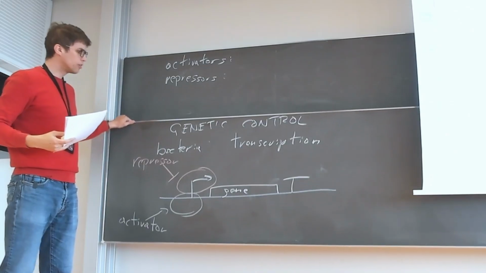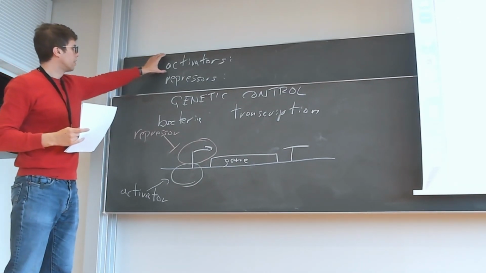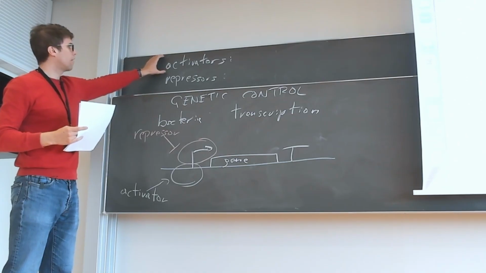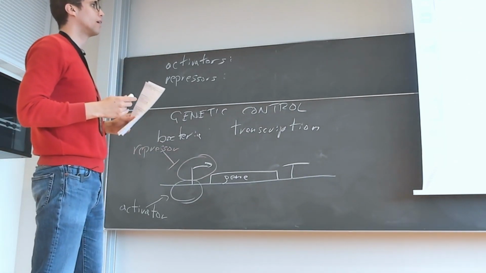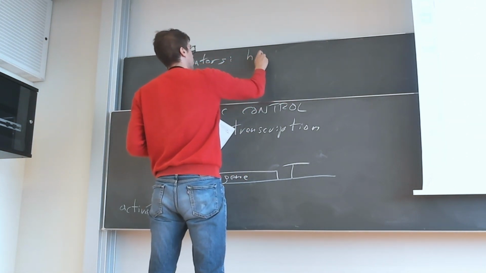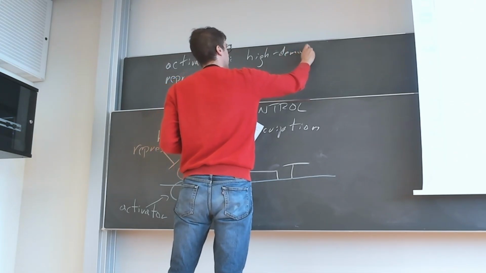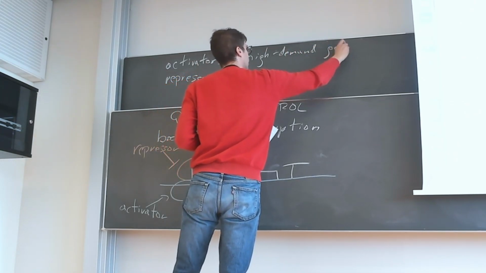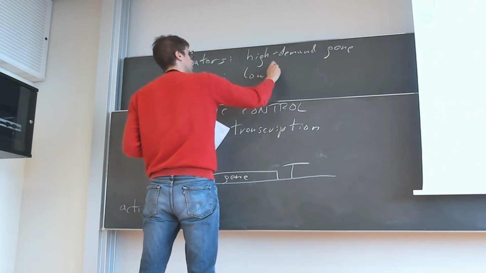And what is a bit counterintuitive, but we will think about this in a second, is that in bacteria you observe activators being used whenever we have a high demand gene. And repressors used for low demand genes.